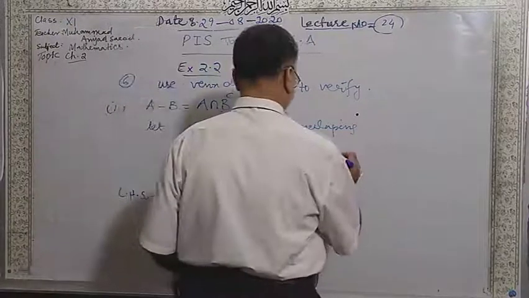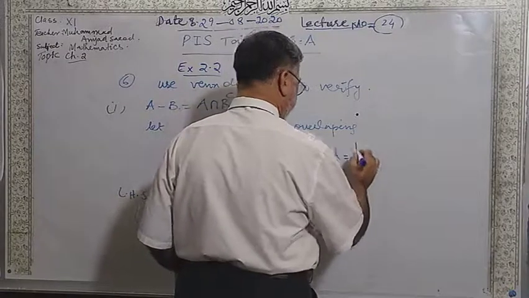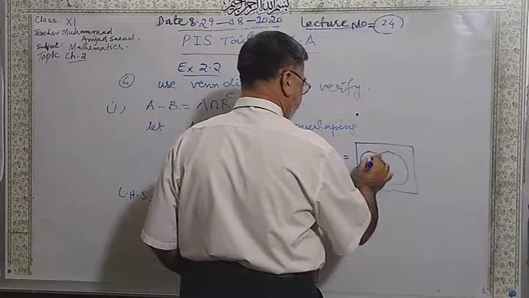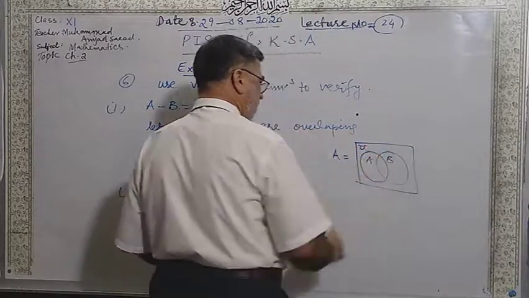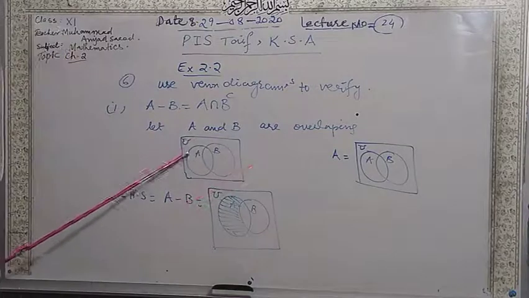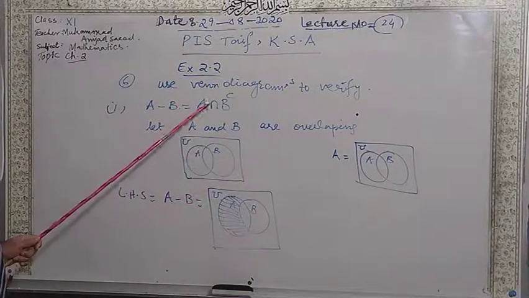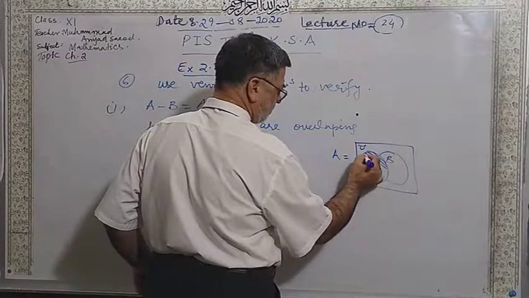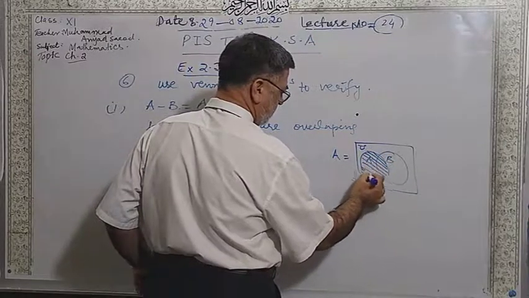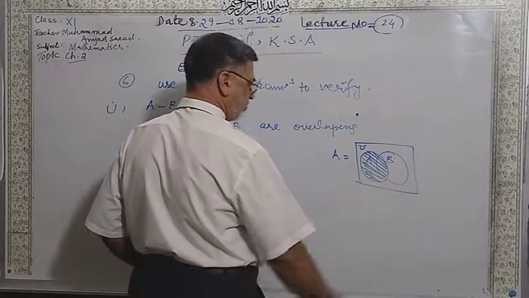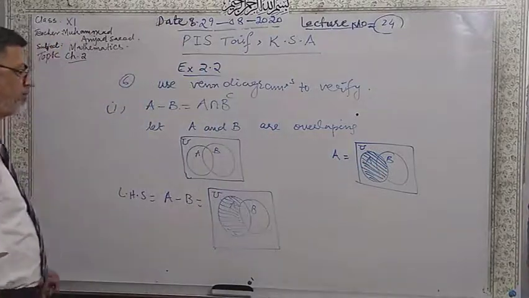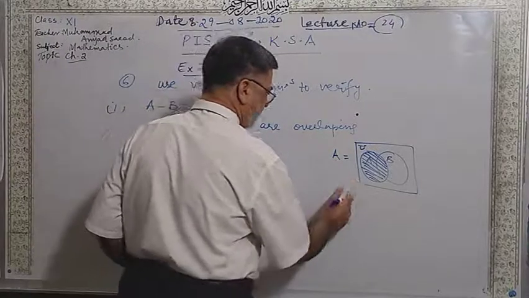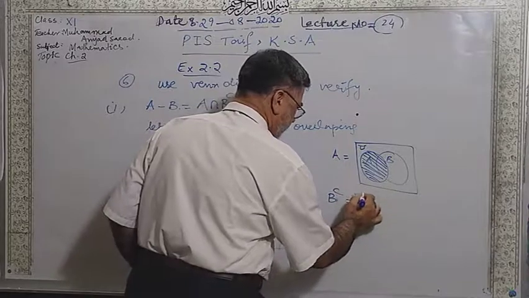This is A. Remember that the diagram will remain the same for all. This is the diagram of your question. So what about A? A is this one. Shade A. After that we have B complement. What is B complement?